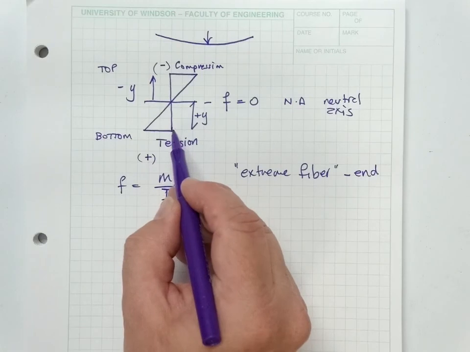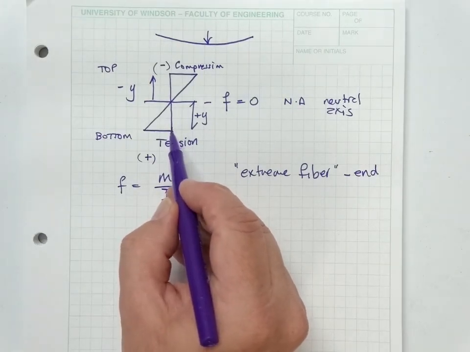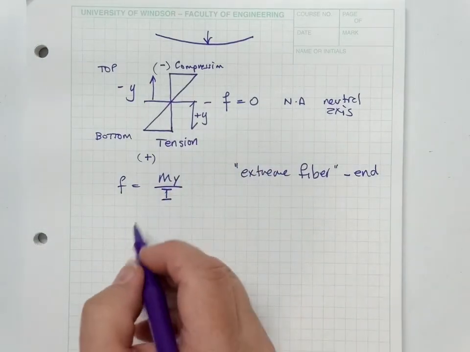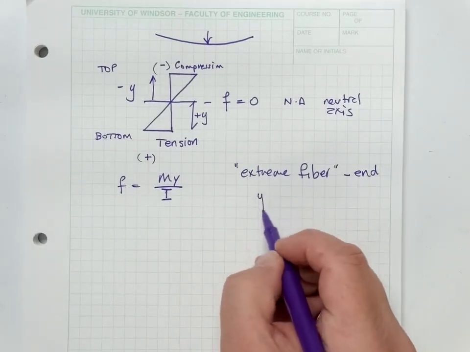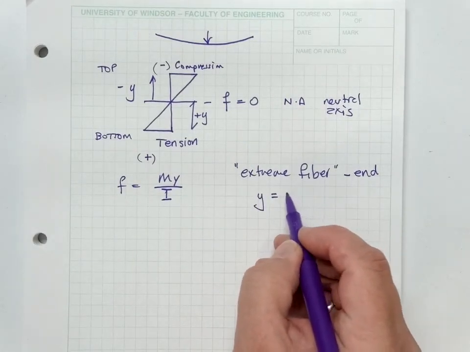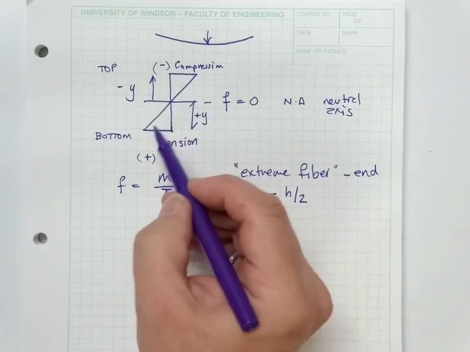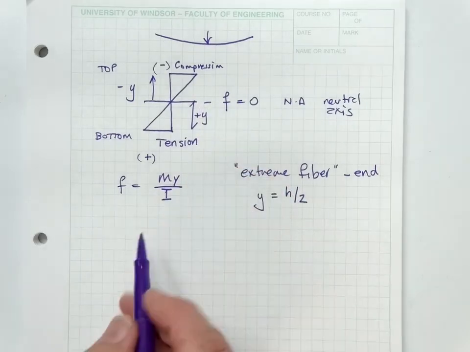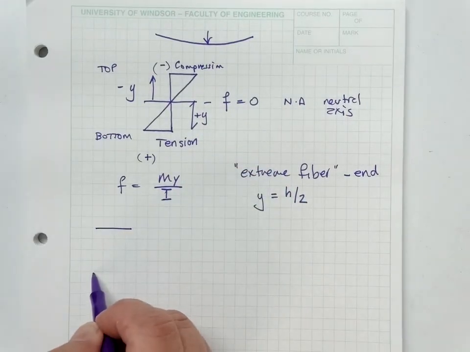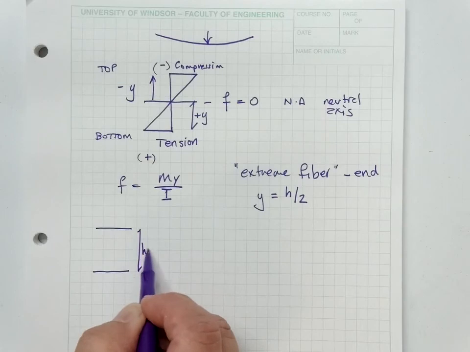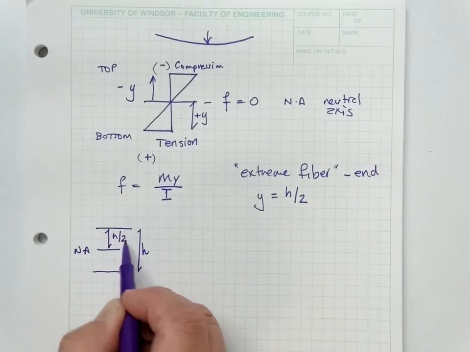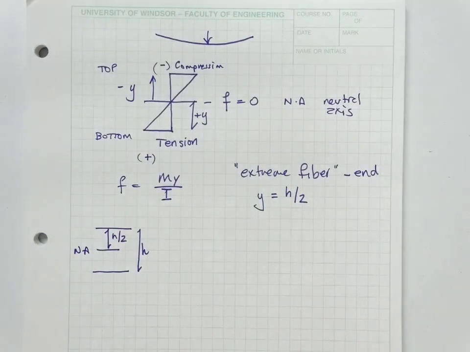The extreme fiber stress occurs at the extremes, or at the top and the bottom of the beam. And that extreme fiber stress y is equal to h over 2, because if the tension and the compression are the same, this neutral axis in the uncracked section is in the middle of the beam. So if this is our beam and it has a depth of h, our neutral axis occurs at h over 2, so long as the beam is uncracked.